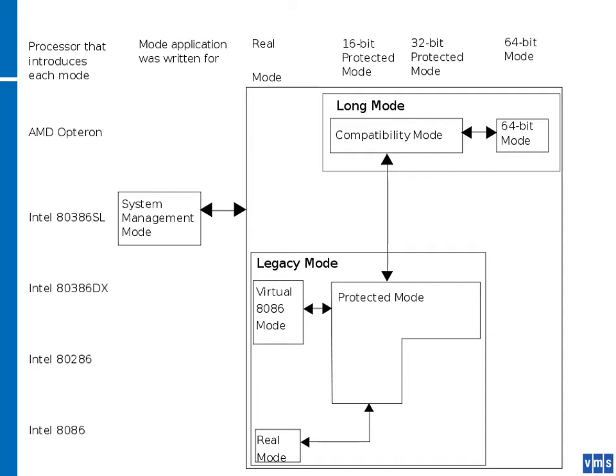All of this together is now in our 64-bit world called legacy mode. And from legacy mode, you can go to something called long mode. But even in long mode, you still have something called compatibility mode, which again uses 32-bit segments and things like that. And then finally, there's 64-bit long mode.